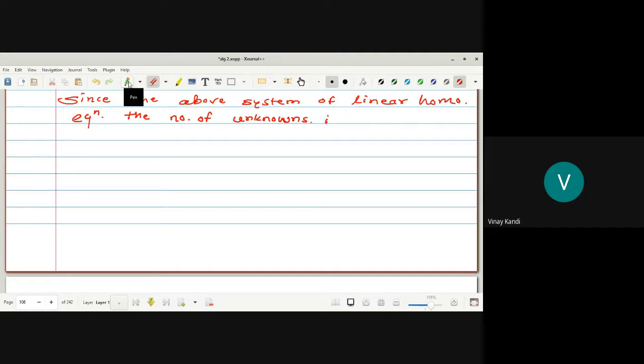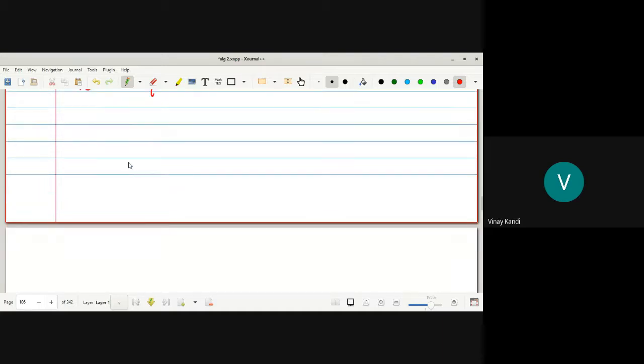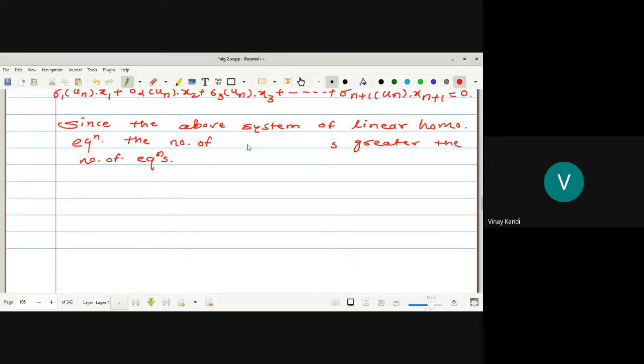The number of unknowns is greater than the number of equations.